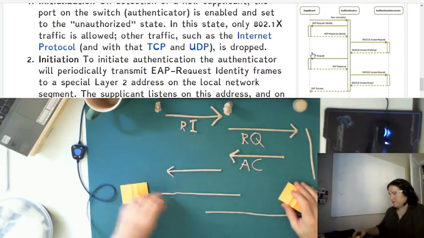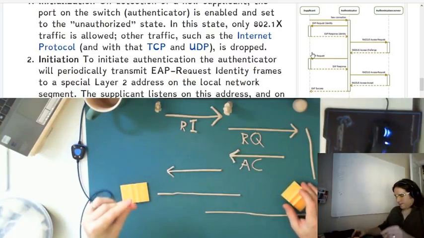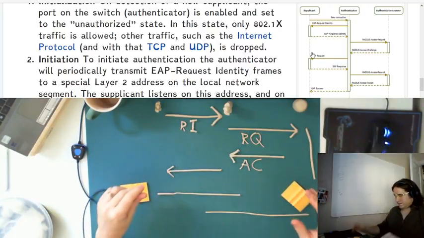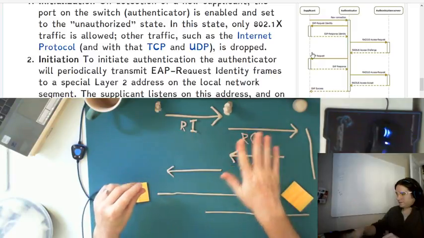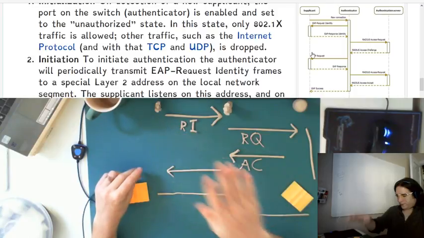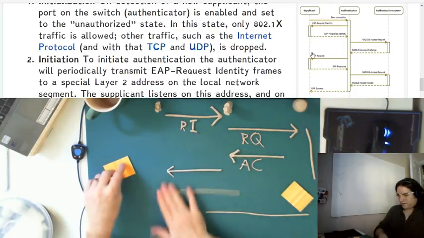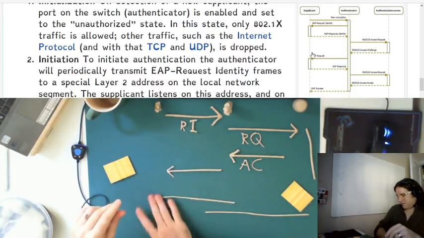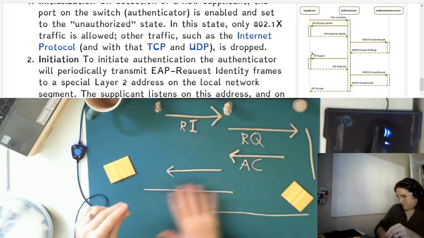Access challenge EAP: the authenticator sends the EAP request to the supplicant. Okay, so that's an EQ.